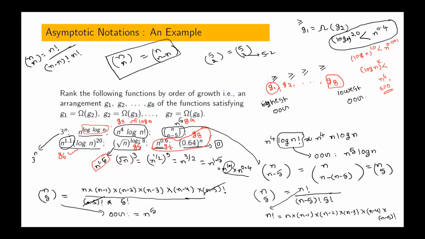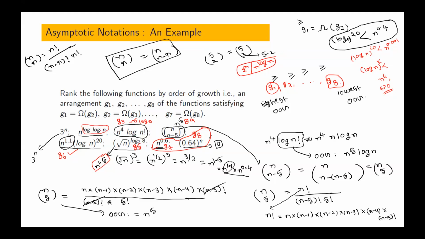What next one? 3 power n and n power log of log n. Which one is smaller? We have already seen 2 power n and n power log n. This relation we know, from the class we discussed. We know that 2 power n is very much higher when compared with n power log n. Now out of these two, which is smaller?